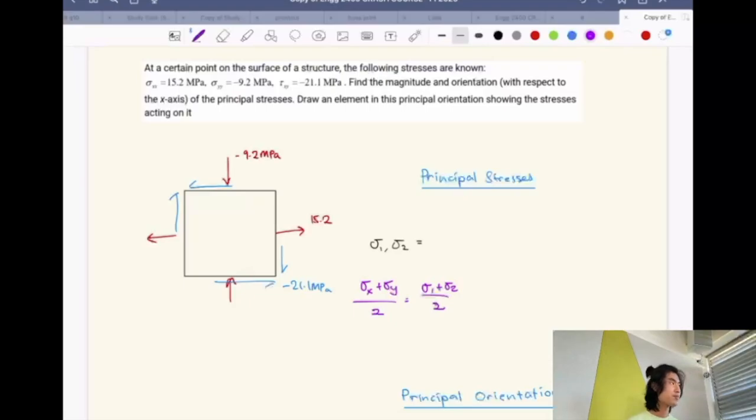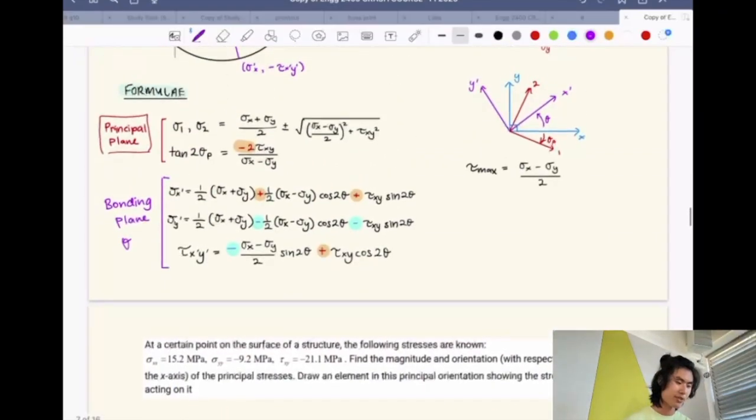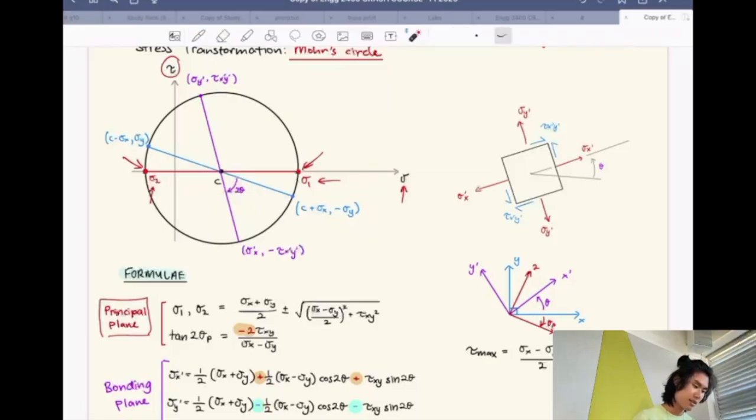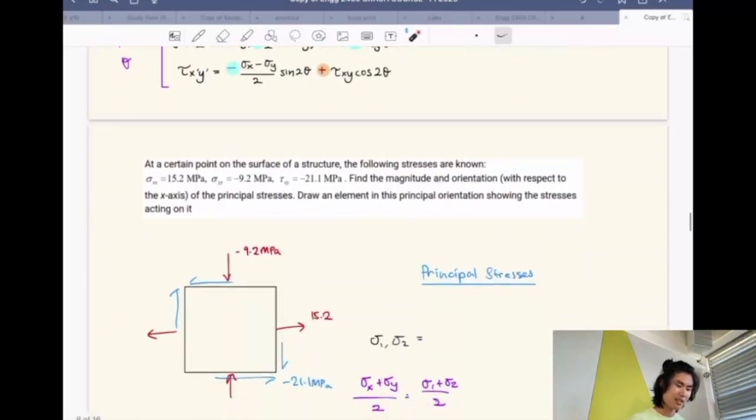So the center is going to be the same for both. Let me visualize it for you guys. Basically this point and this point, let's say those are the points we're looking at on the stress element. That's how much the stress element is experiencing. So in this case, it's going to be negative 9.2 and 15.2.